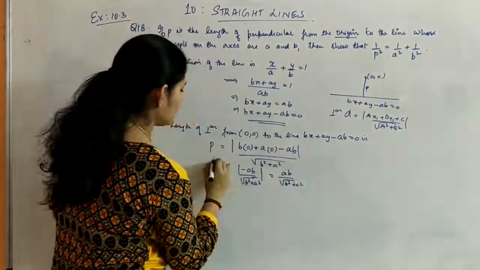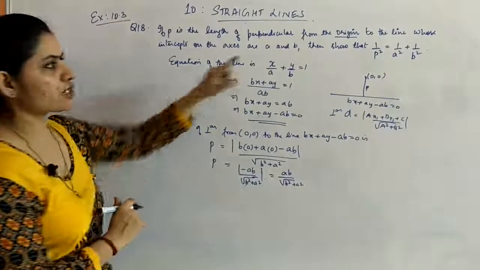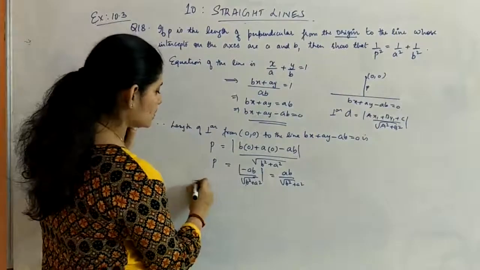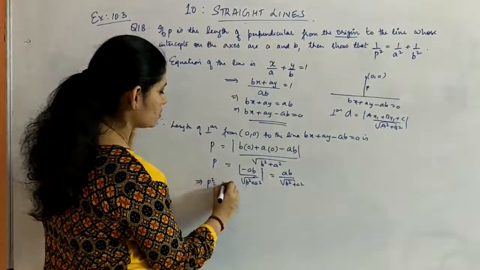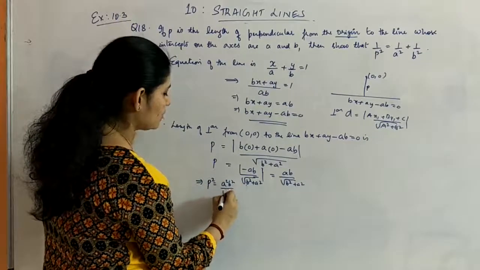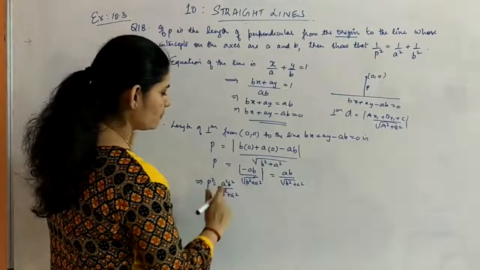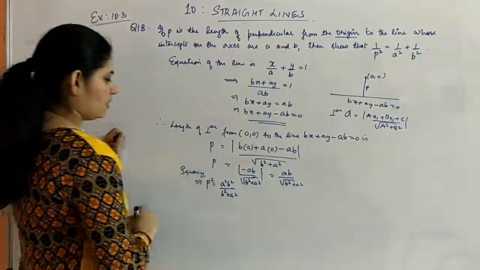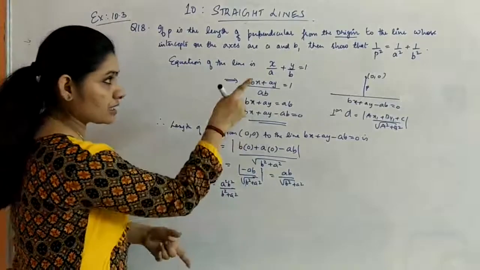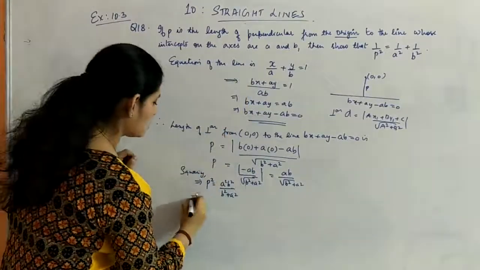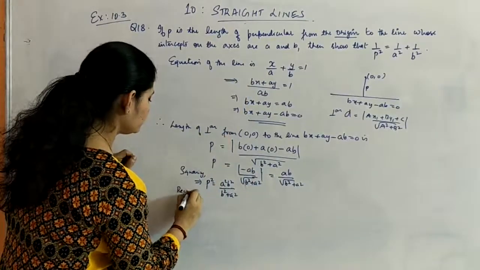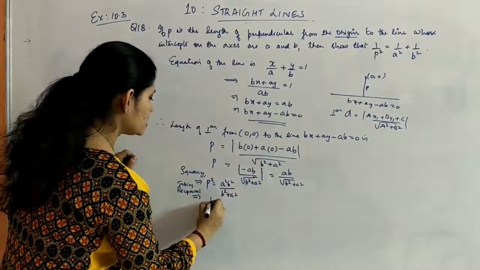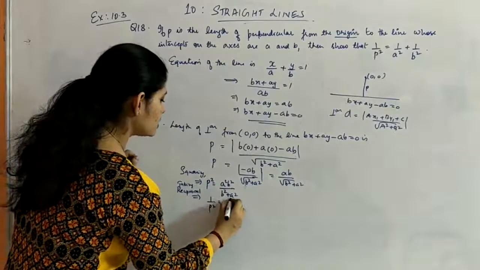That is P. Now what we need is to reach 1 by P square. So first we will square both the sides, so that this will give you P square is equal to a square b square by b square plus a square. The root will go after squaring. Now we take the reciprocal, since we need 1 by P square. So you will get 1 by P square is equal to b square plus a square by a square b square.